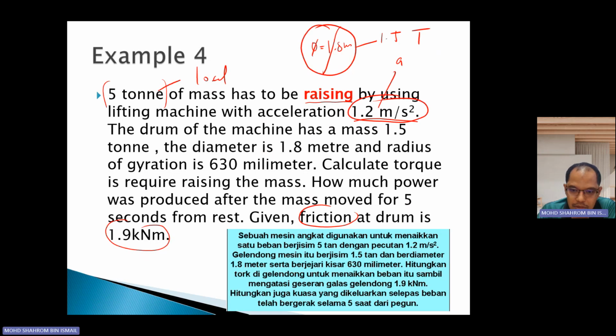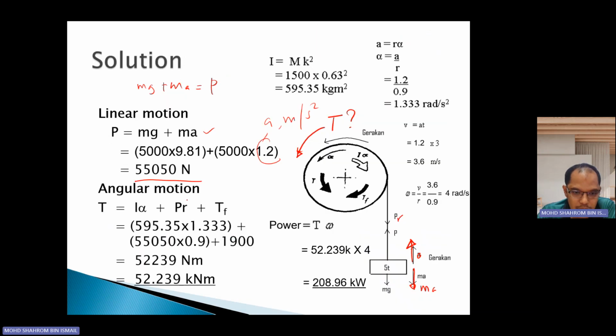We know the friction at the drum is 1.9 kilonewton meter, so that's why we include this. At the same time, I is equivalent to m k squared, where m is the mass and k is the radius of gyration.